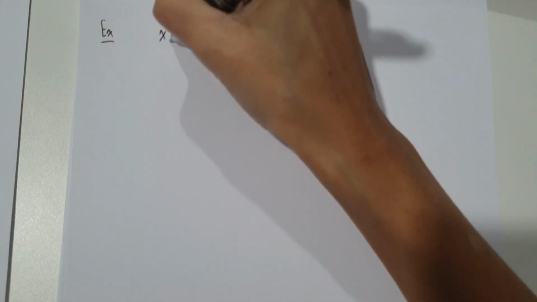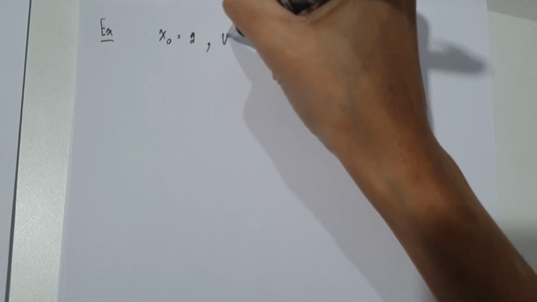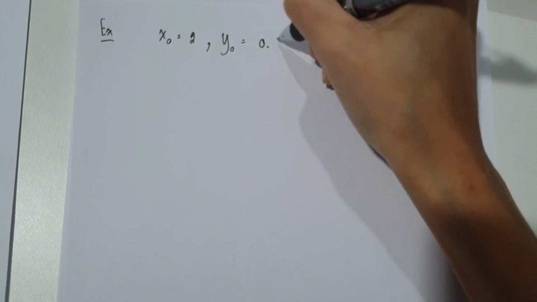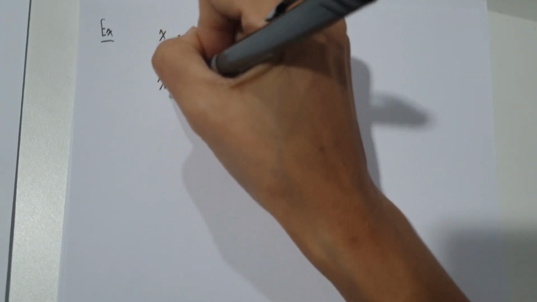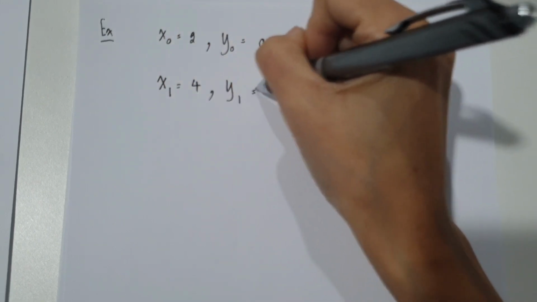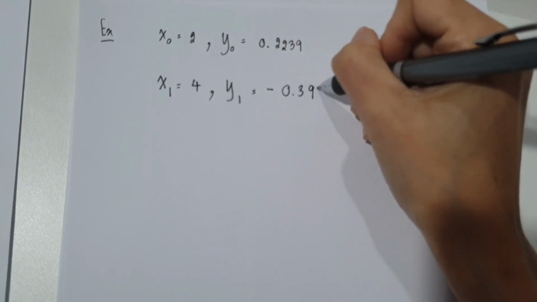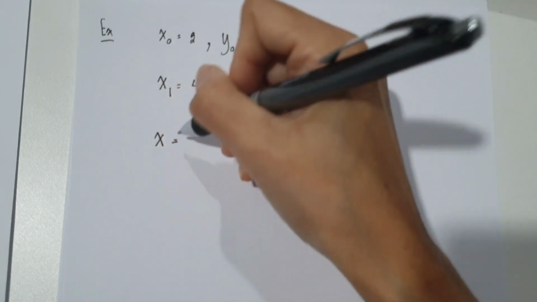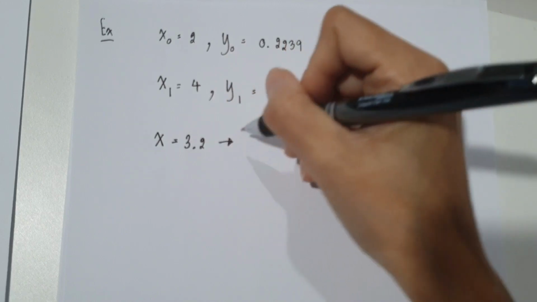So at x0 equal to 2, we get y0 equal to 0.2239, and at x1 equal to 4, we get y1 equal to minus 0.3971. And we would like to know what y should be at x equal to 3.2.